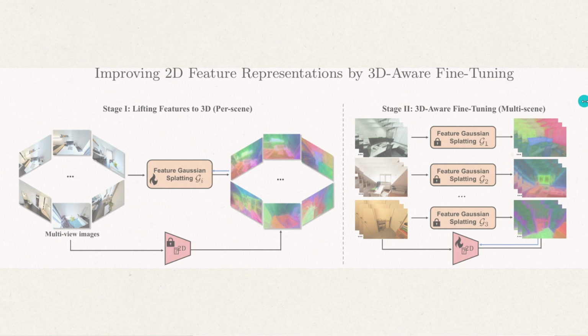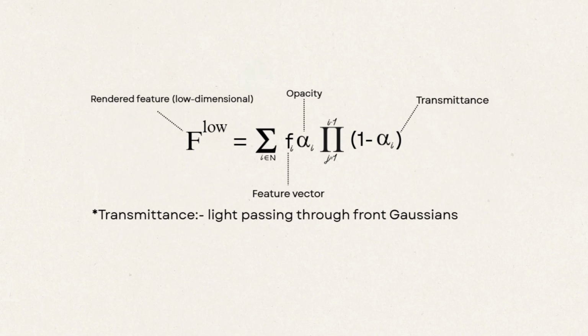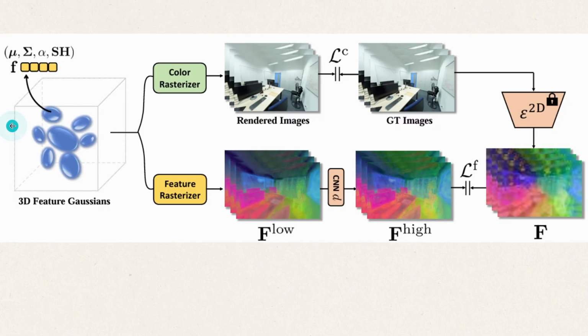And so now we have a set of Gaussians, as we can see here. Now we can render both RGB images and feature maps from these Gaussians. Now we need to train these Gaussians, so we use two types of loss.